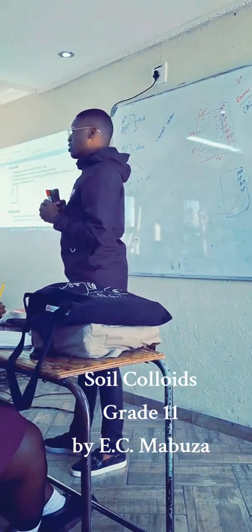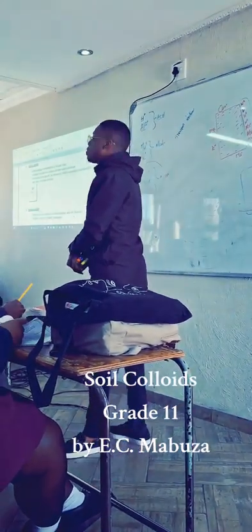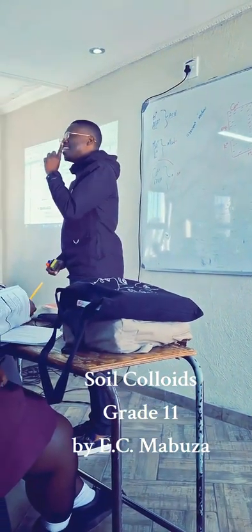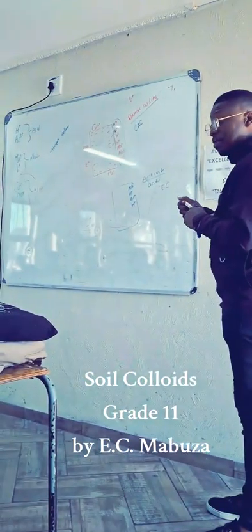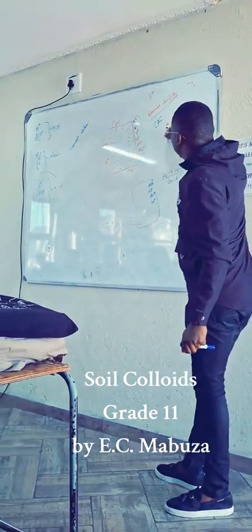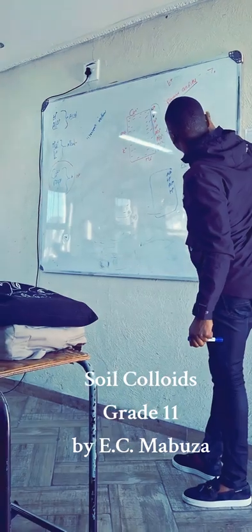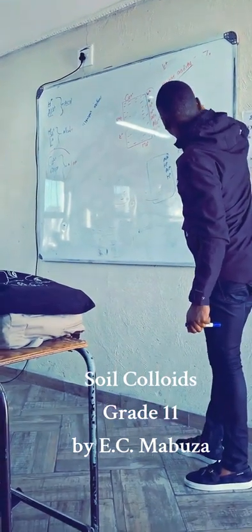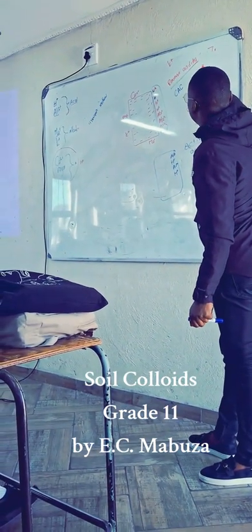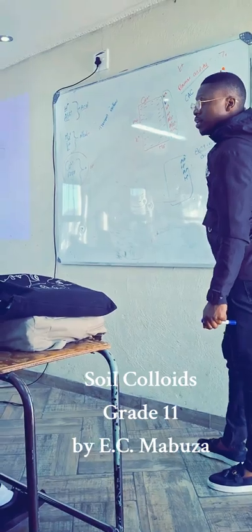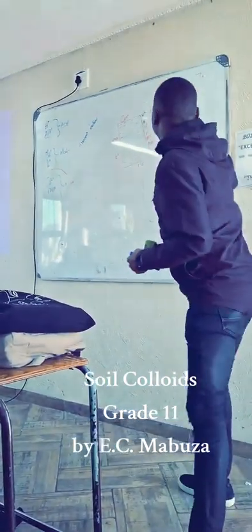You can see those particles that the cations are inside. This influences plant growth. We have acid tolerant plants. This one can still grow even on an acidic soil. We have acid intolerant plants.